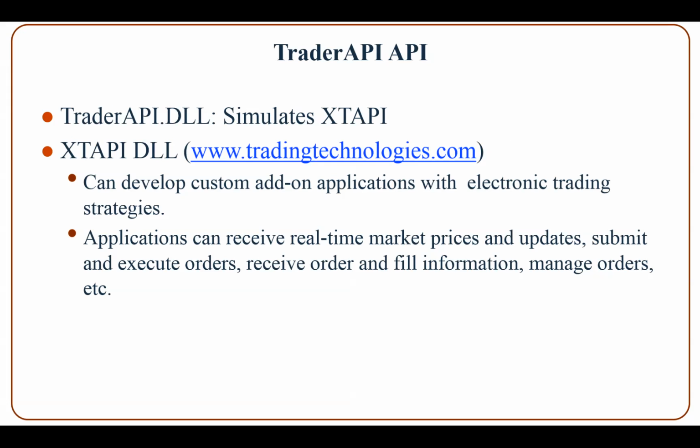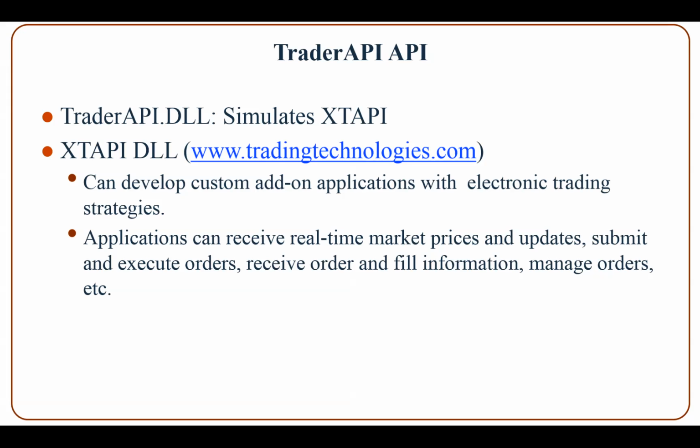This dynamic link library simulates the XT API, and the XT API is developed by the Trading Technologies company. With the XT API, you can develop custom add-on applications with electronic trading strategies.